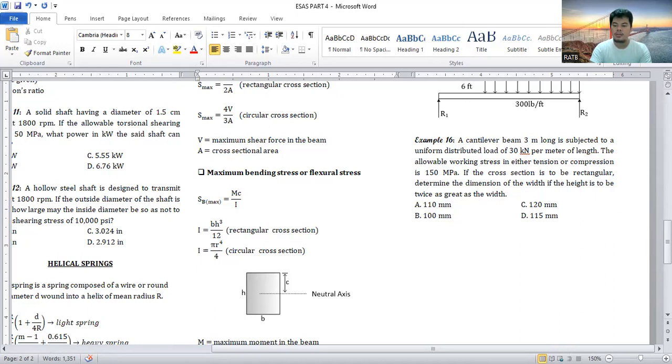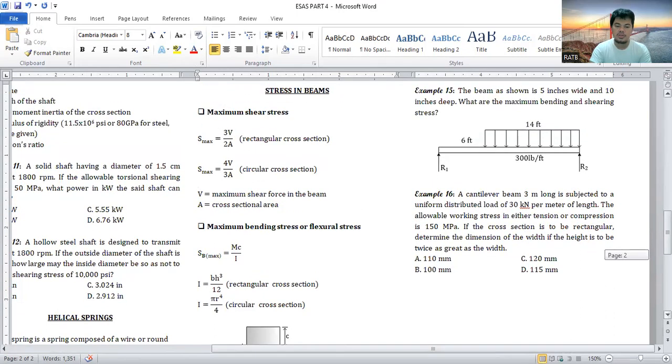So you have the allowable working stress in either tension or compression, so that's the maximum stress. That's 150 megapascal.